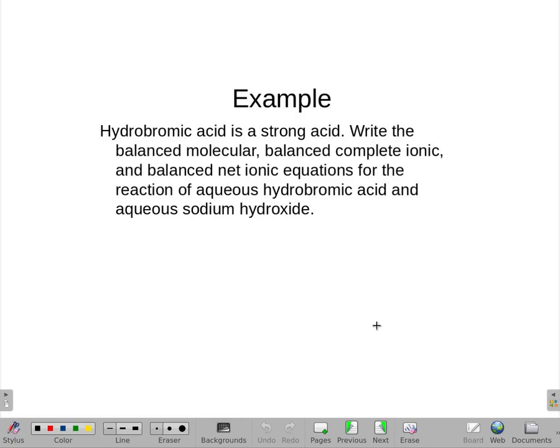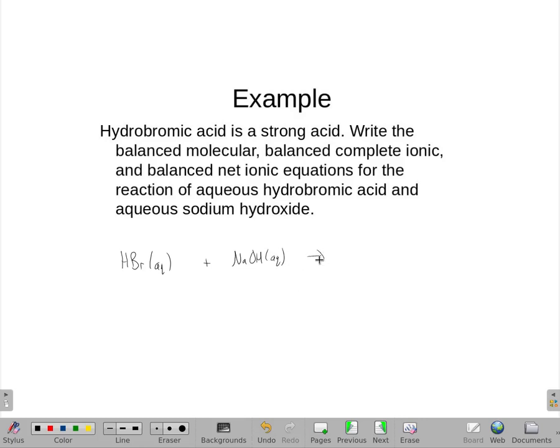All right, let's do an example. I've got hydrobromic acid, and we are going to treat it with aqueous sodium hydroxide. So hydrobromic acid is HBr, but since it's listed as an acid, it's HBr aqueous. And we have sodium hydroxide, NaOH, and it would also be aqueous.